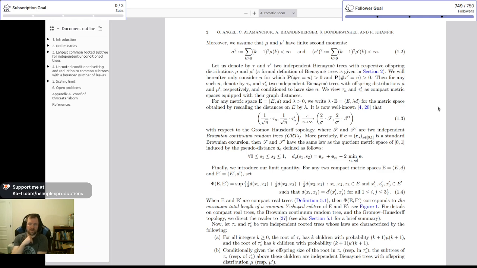Finally, we introduce our limit quantity. For any two compact metric spaces E equals (E, d) and E prime equals (E prime, d prime), set phi of (E, E prime) to the supremum of half the sum of the distances between all the individual pairs, where x1, x2, x3 are in E and x1 prime, x2 prime, x3 prime are in E prime, such that the distance between x sub i and x sub j is equal to the prime distance between x sub i prime and x sub j prime for all i and j.